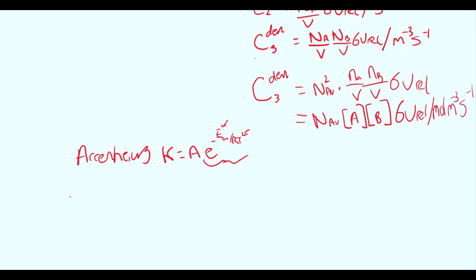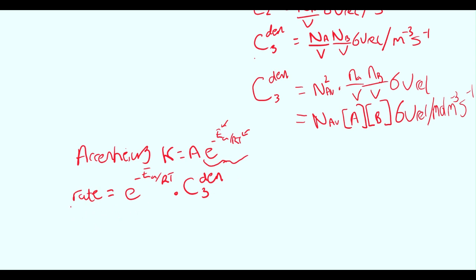So let's define our reaction rate now as being equal to e to the minus Ea over RT times by the collision density, which is our collision frequency per volume.